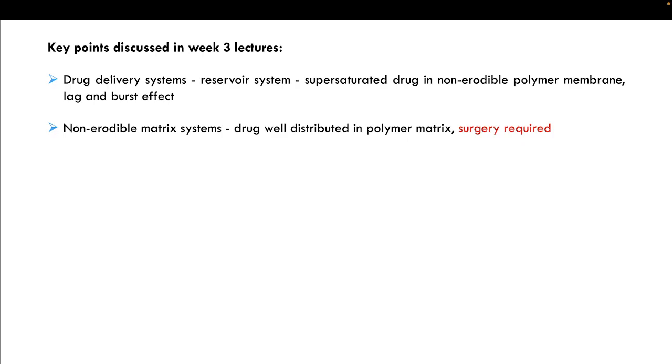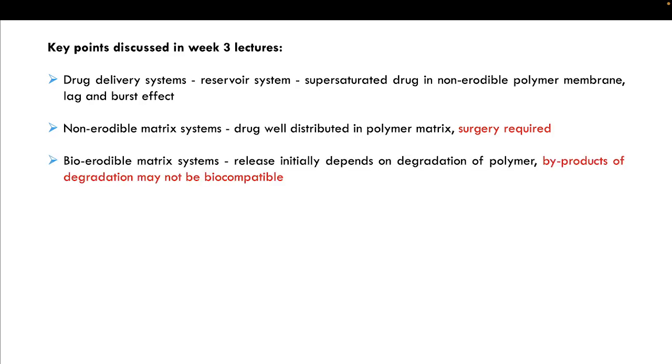So it's just like a sphere kind of thing, wherein you'll have your drug. Now this could be a non-erodible matrix system, or this could be a bioerodible matrix system. What does this mean? If you have a matrix system made up of a polymer which is non-erodible, you will have something known as a non-erodible matrix system. But if you want the polymer that you have used to erode over time, you can also use bioerodible matrix systems.